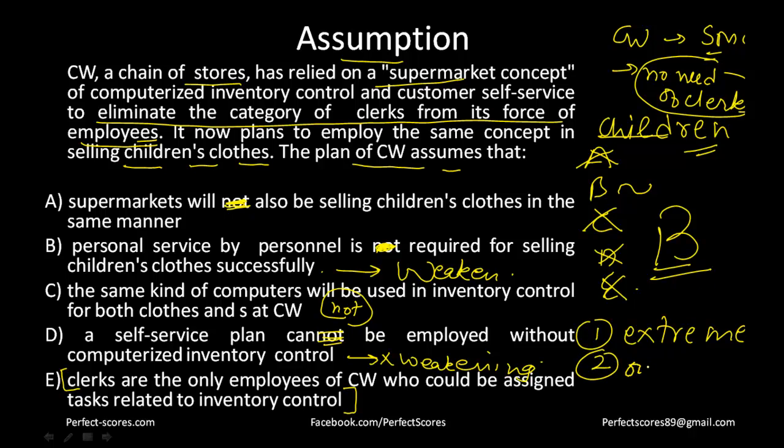Second is out of scope. If your option is talking about something that does not lie within the scope of the argument, even that option is incorrect. And thirdly, when you have partially correct options. Partially correct means partially wrong, and partially wrong is completely wrong. So even if you have a half correct, half wrong option, it cannot be your answer. Your answer has to be 100% correct.